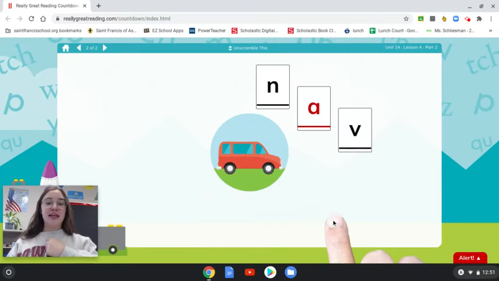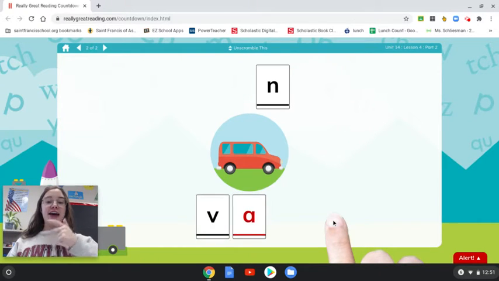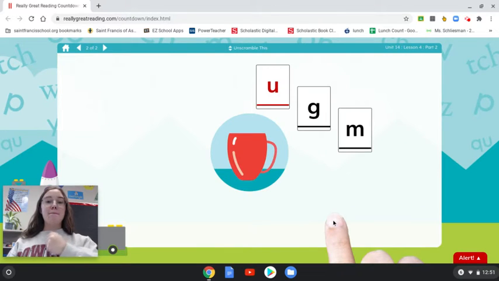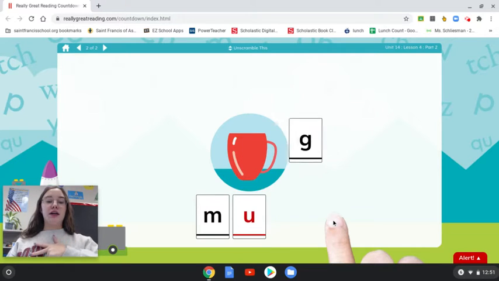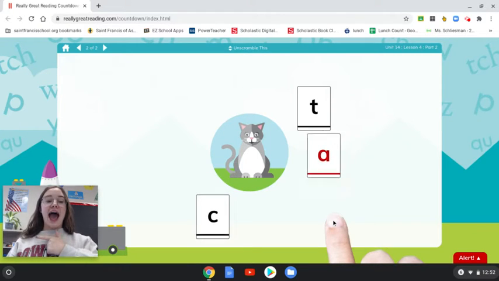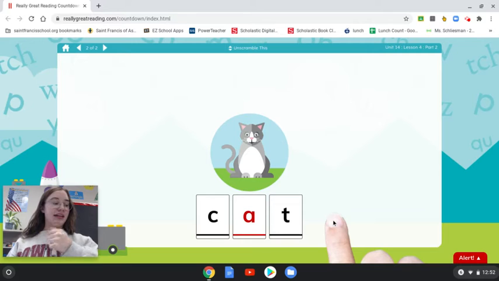Pen. Van. V, n. Van. Mug. G. Mug. Cat. K, t. Cat.